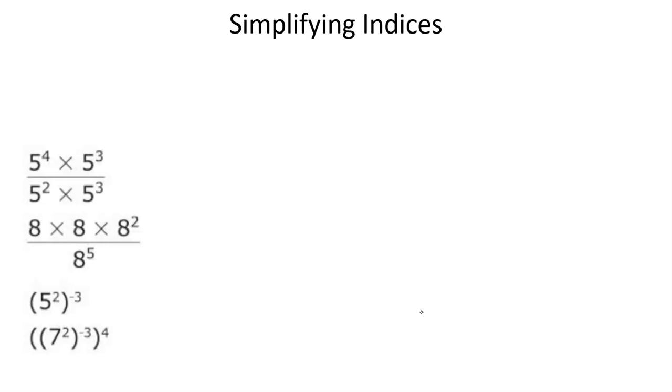There are 3 ways you can simplify your indices. If you have a number to a power and you times by the same number but to another power, it's the same as that one number, 5 in this case, to the power of the 2 indices added together.